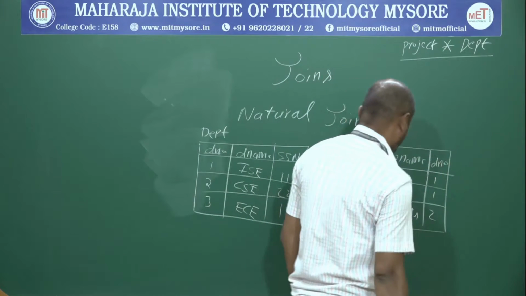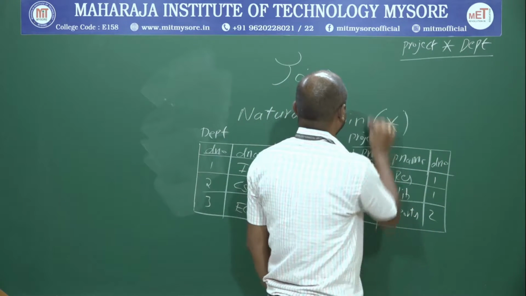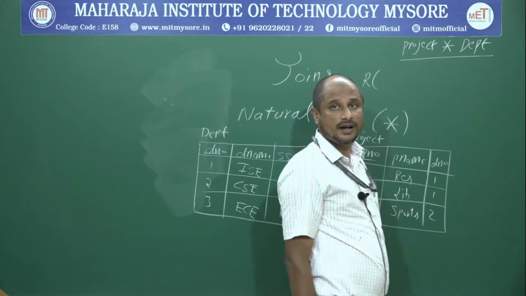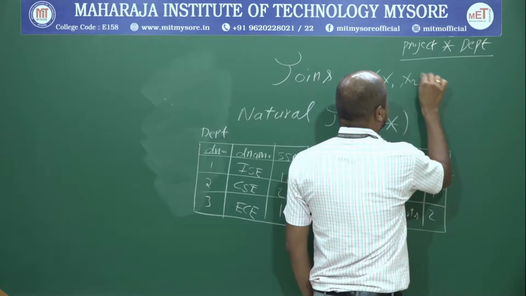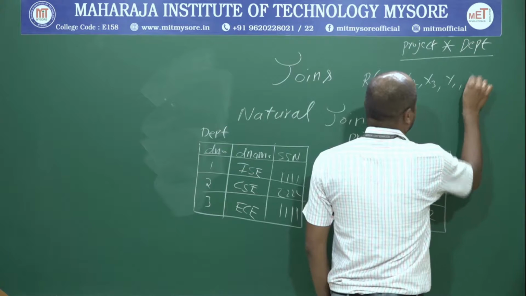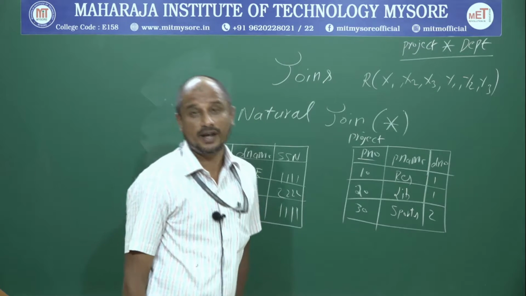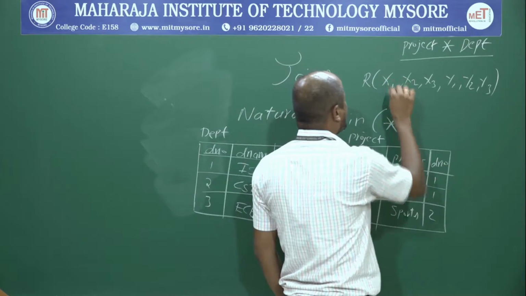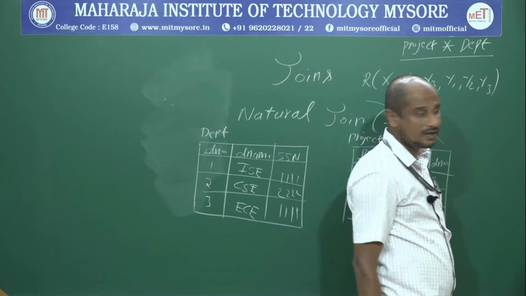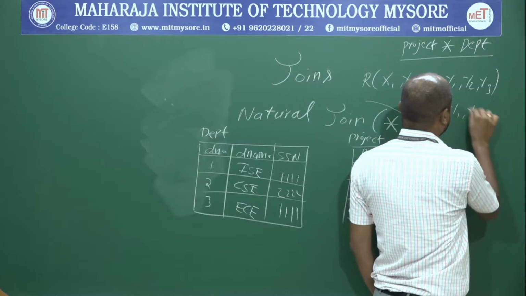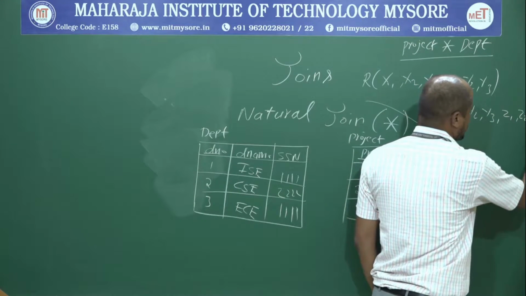When we go for natural join, in a simple way, R is a relation containing attributes like x1, x2, y1, y2 and y3, and S is another relation containing y1, y2, y3 along with other attributes z1, z2, z3.